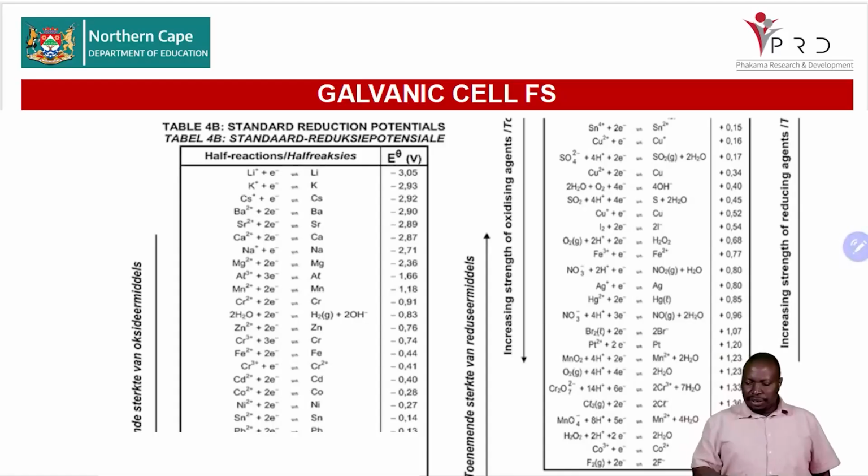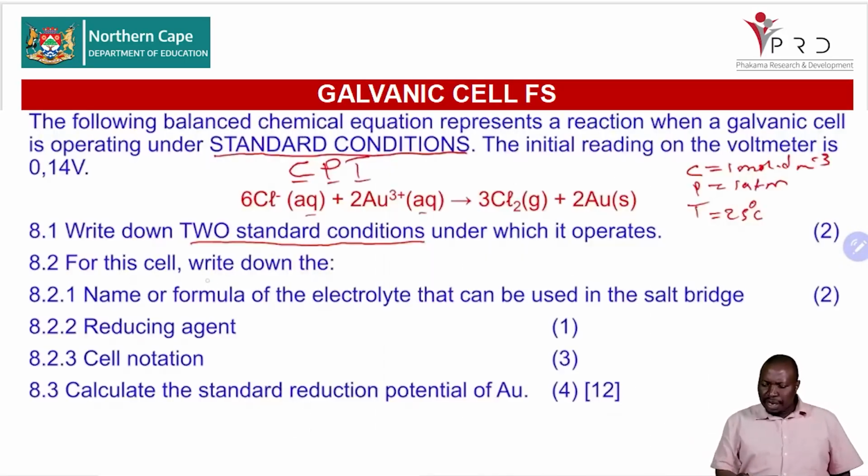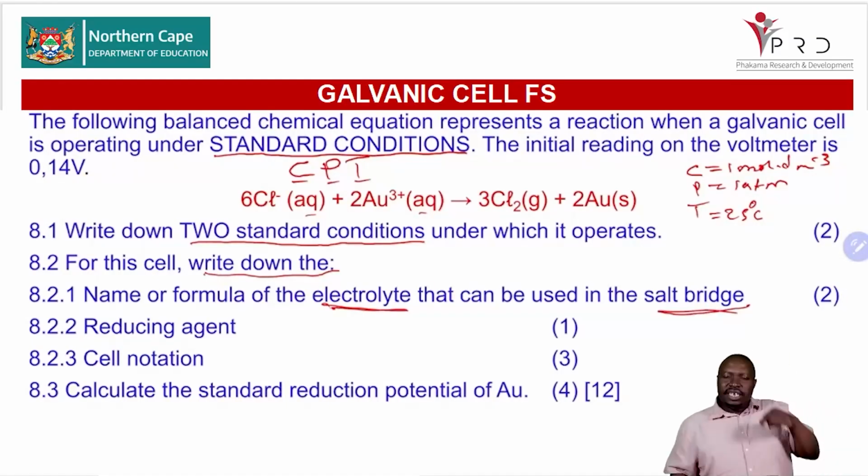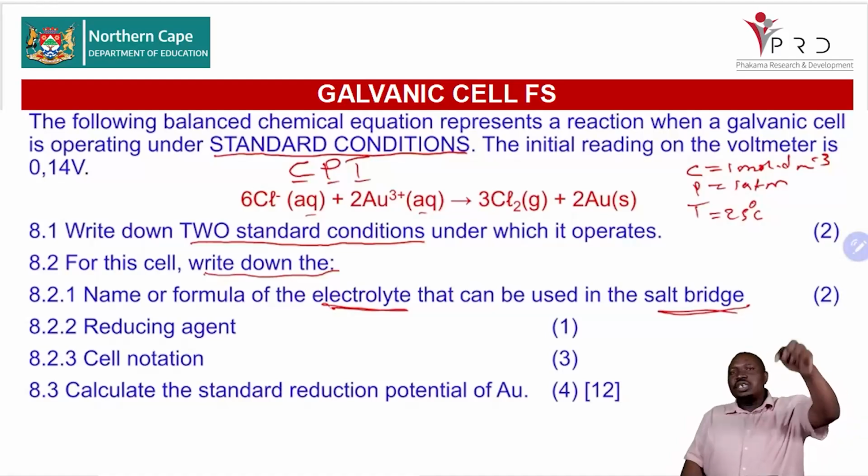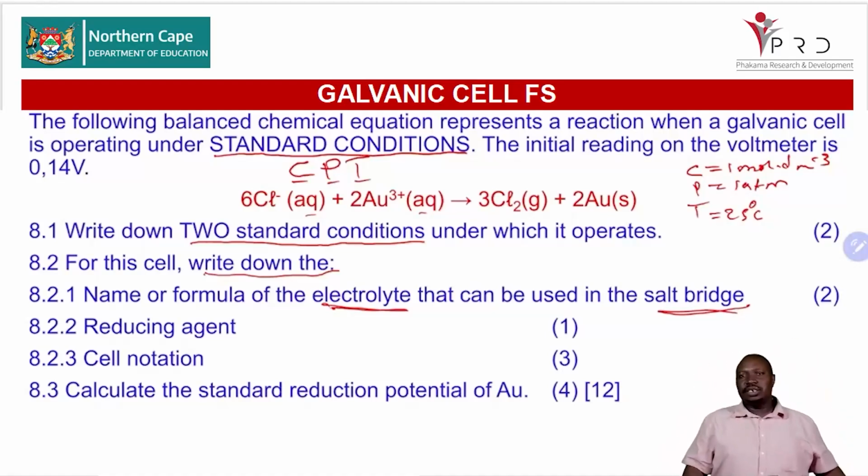Now they say for this cell, write down the name or the formula of the electrolyte that can be used in the salt bridge. Remember, in the salt bridge we need a salt that is soluble, that can dissolve in water and form ions, because we want the ions to be able to move there.